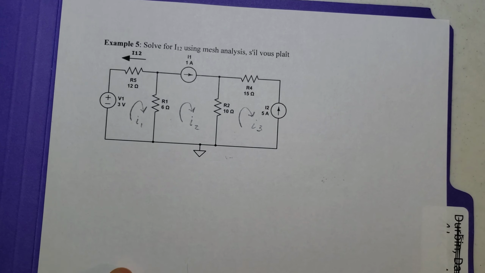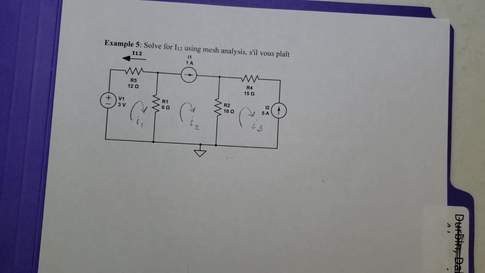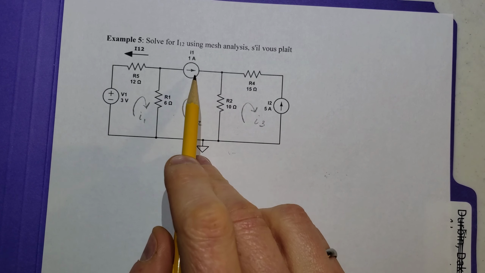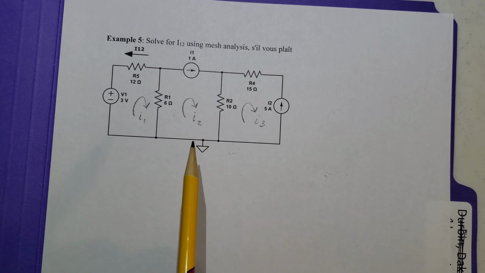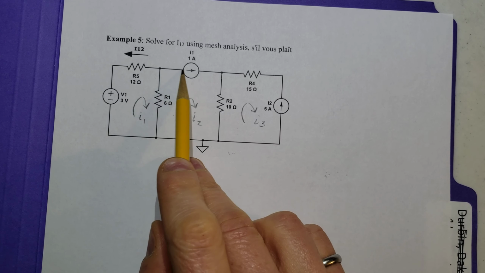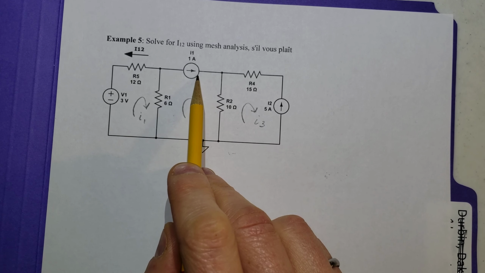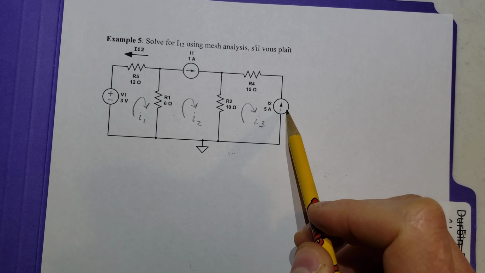So we've got these 3 meshes, and we were initially bristling, but wait a minute. We've got current sources here. So the current I2 is the current that's going through the bottom, through the unshared portions. And we've got I2 directly. That's just going to be this current source here. And I3, oh yeah, we've got a current source right here.